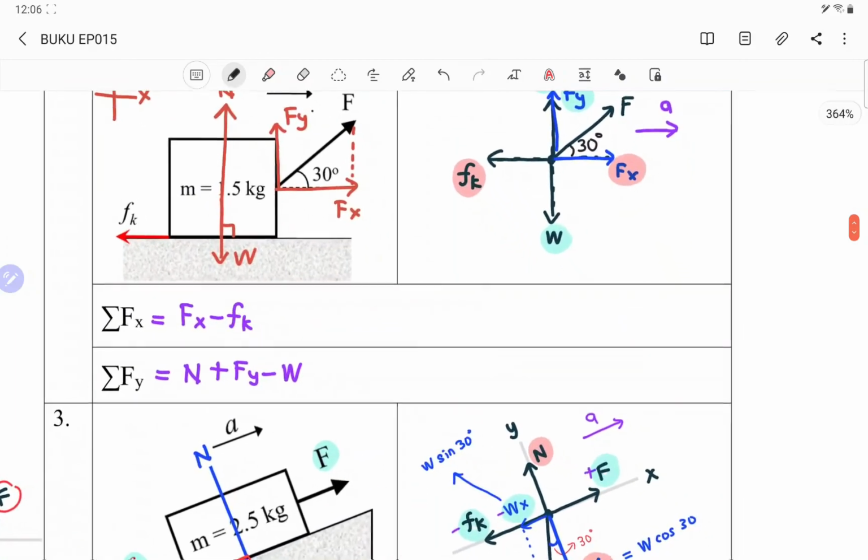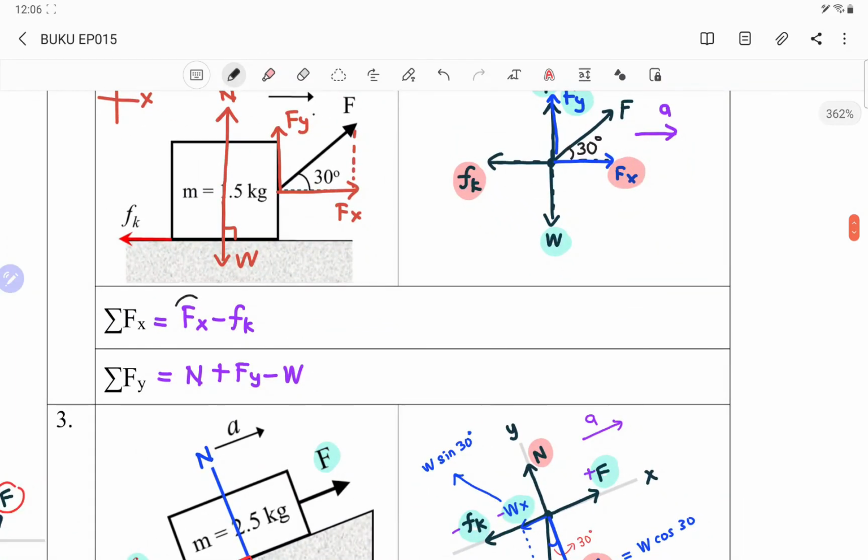Okay, so for number 2 tadi, sebabkan kita ada Fx ni kan. So nanti bila kita dalam calculation, Fx tu kita kembangkan lah. Jadi F cos 30 minus Fk.